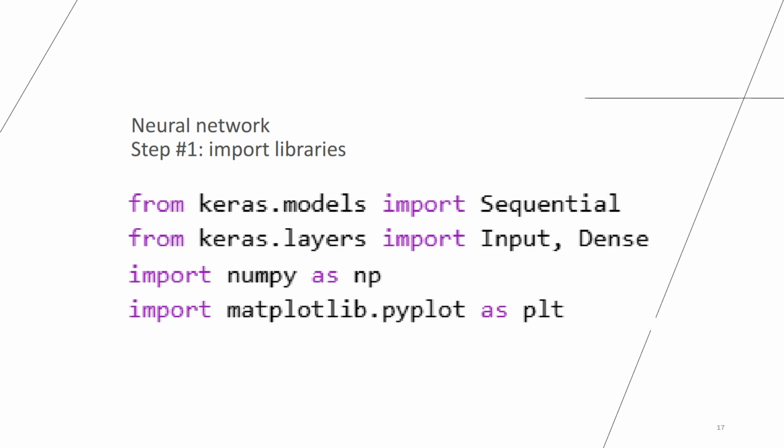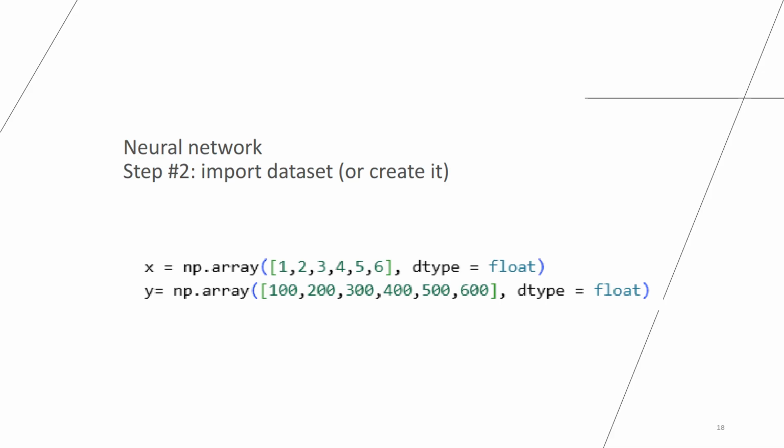Matplotlib allows us to create visualizations such as graphs and plots. In machine learning, visualizations are very helpful for understanding how a model is learning and how its predictions behave. Together, these libraries provide the tools we need to define a neural network, work with numerical data, and visualize the results of our model.